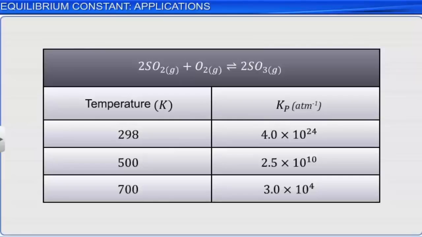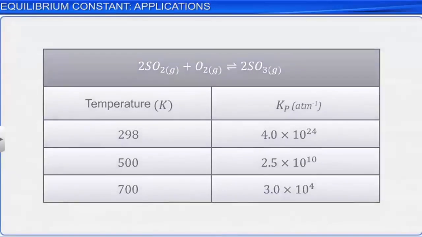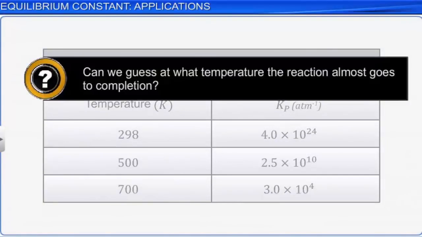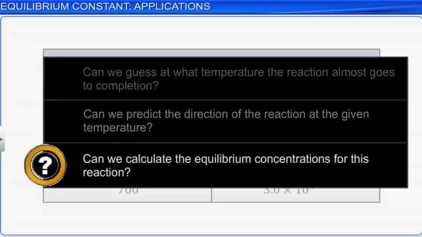Given in the table are the equilibrium constants at various temperatures for the gaseous reaction of sulfur dioxide and oxygen to form sulfur trioxide. Can we guess at what temperature the reaction almost goes to completion? Can we predict the direction of the reaction at the given temperature? Can we calculate the equilibrium concentrations for this reaction?